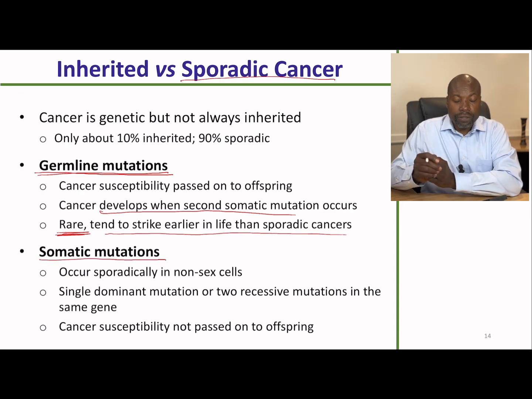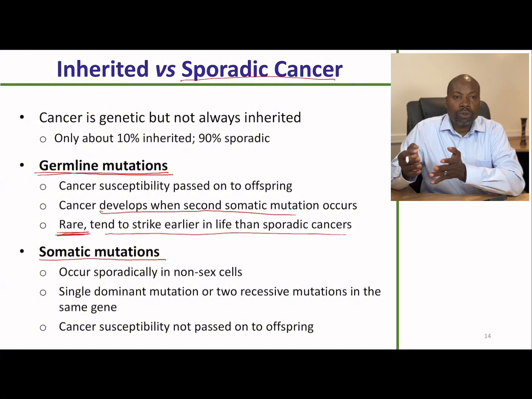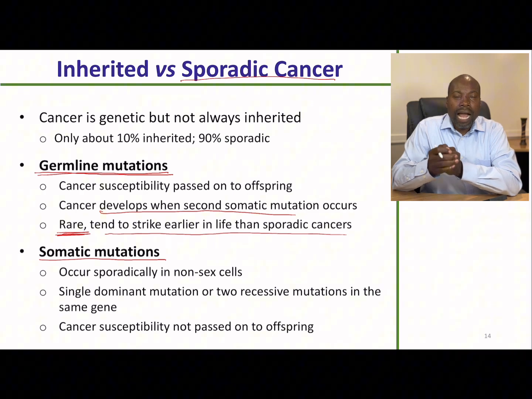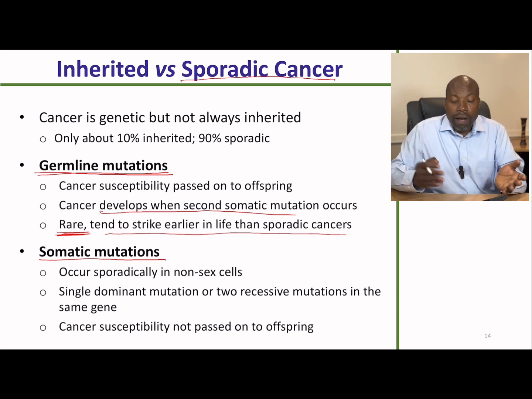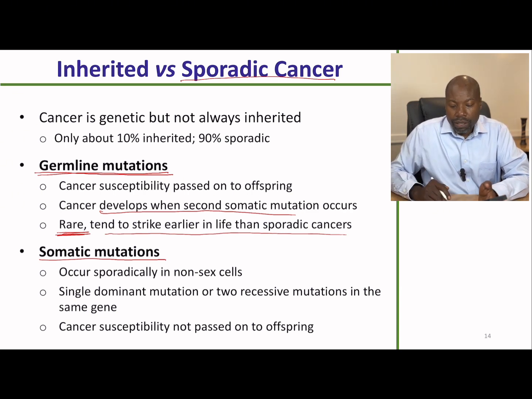Then we have somatic cancers. These somatic cancers are mutations that occur during the lifetime of an individual, right? Most of the time, when the body is starting to lose the ability to properly control the mechanisms that are happening in the cell, for instance, DNA repair. As we grow old, our ability to repair DNA decreases, right? So these are things that can lead to cancer.